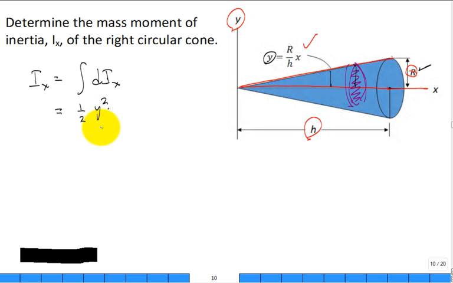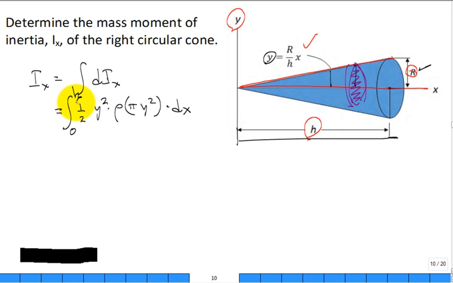So it'll be y squared times the dm, the mass, which is the rho, times the area, which is pi y squared, times dx. And we're going to integrate over the entire length in the x direction, which goes from 0 to h.